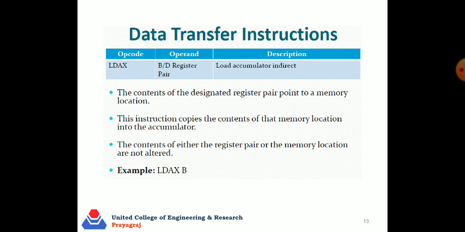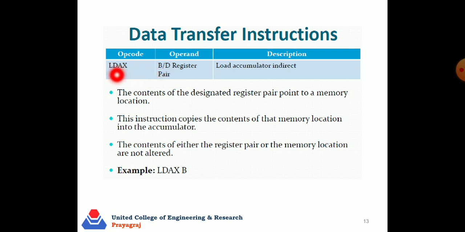Now I am going to start the next instruction from data transfer instruction. It is LDAX. It is the opcode and the operand is B/D register. B/D means it is a register pair, either the BC register pair or the DE register pair.